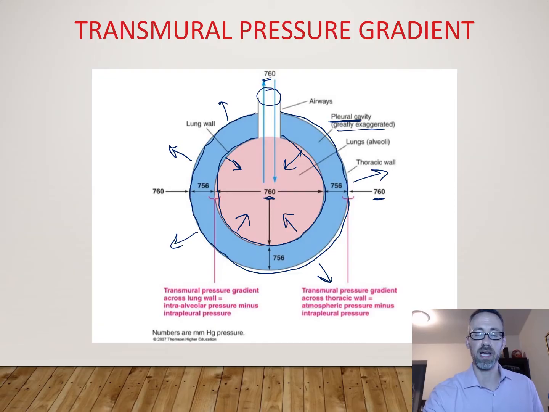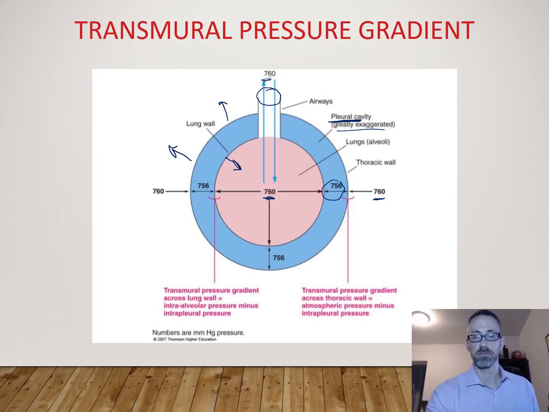The intrapleural space, since it's being pulled apart by the elastic actions of both those tissues, is 756. So instead of saying -3 or -4 in this case millimeters of mercury, they're saying 756 millimeters of mercury, which again is a subatmospheric pressure. So let me erase some of these markings here so we can talk about the transmural pressures.